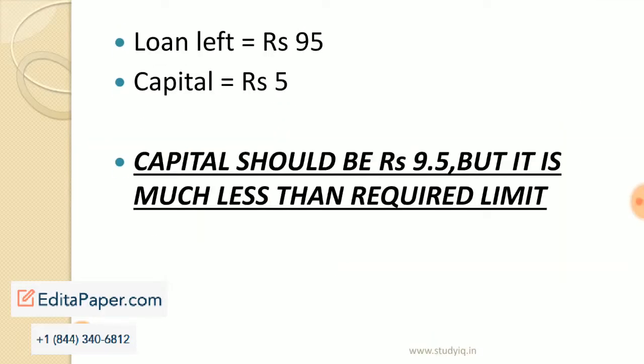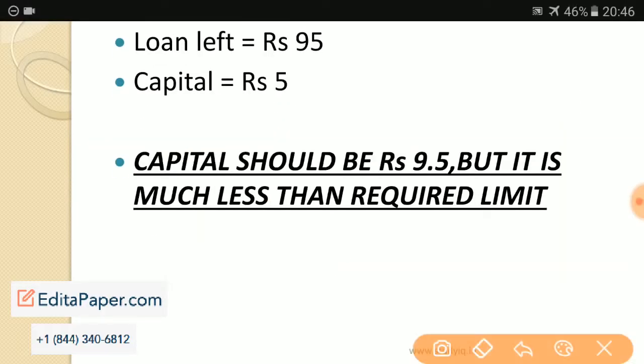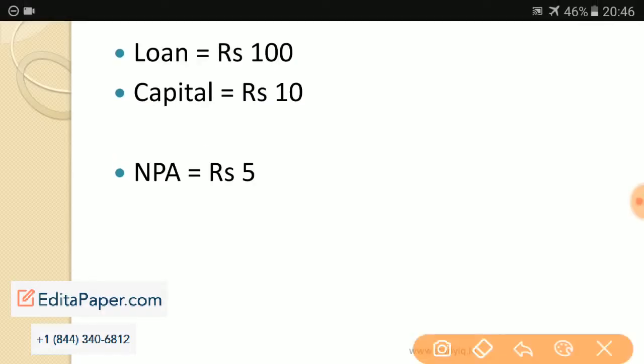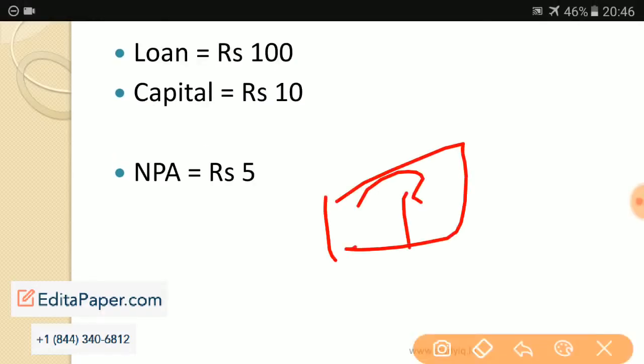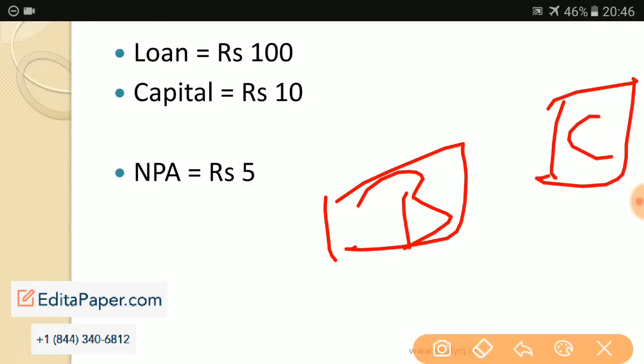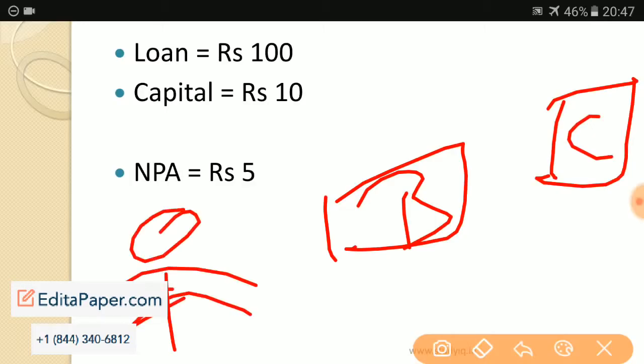What would happen is, since those 5 rupees won't come back, the loan amount would get reduced from 100 to 95 rupees, and the capital base would get reduced from 10 rupees to 5 rupees. Why? Let us see here. This is a bank, this is a corporate, and this is the individual who has deposited his money in banks.